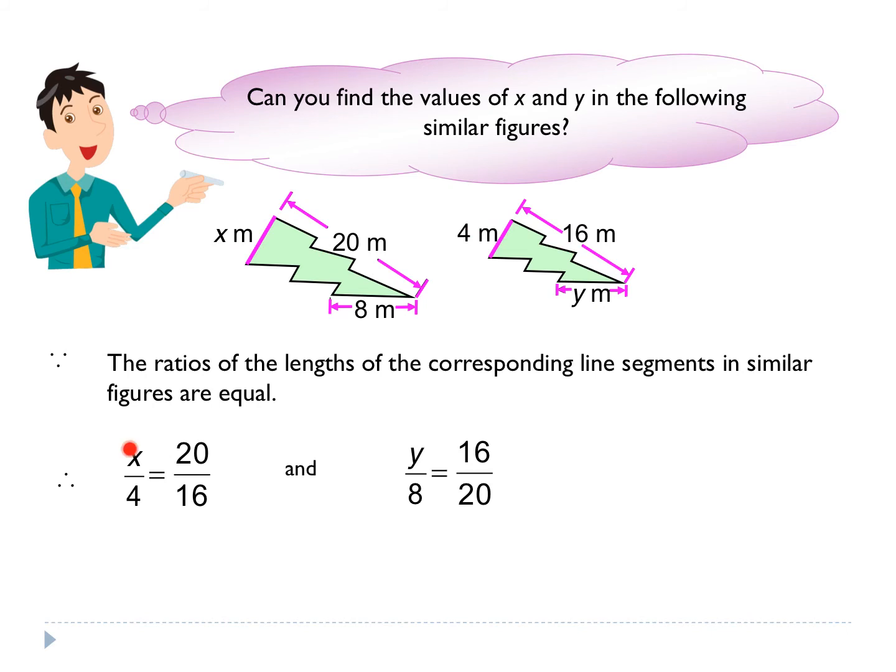So x over 4 equals 20 over 16. And also y to 8 equals 16 to 20. So y over 8 equals 16 over 20. We can say that x equals this multiplied by 4, y equals this fraction multiplied by 8. So we get x equals 5 and y equals 6.4 as the answer.